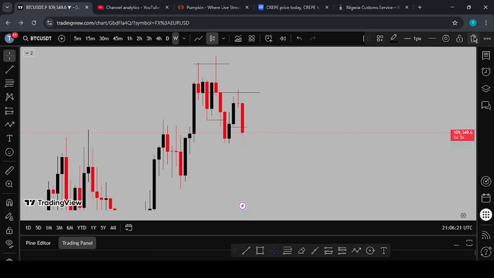Or let me make it out like this: the new weekly candle opens, makes a move to the upside, then pulls back down. It means during the opening of the week, we might catch a buy setup before a sell. Or if the new weekly candle opens, we might just see a continuation to the downside, targeting this liquidity or any other liquidity regions here.